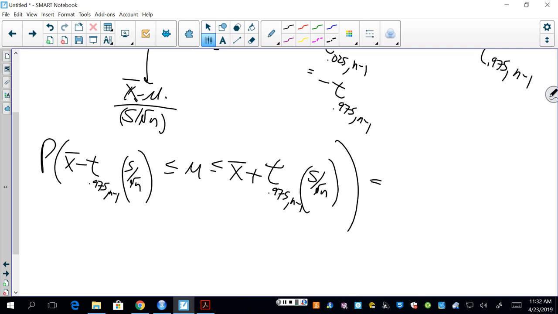And all we've done is manipulate the things inside, so it shouldn't change the probability content, so it should be 95%. So this is the source of a confidence interval.